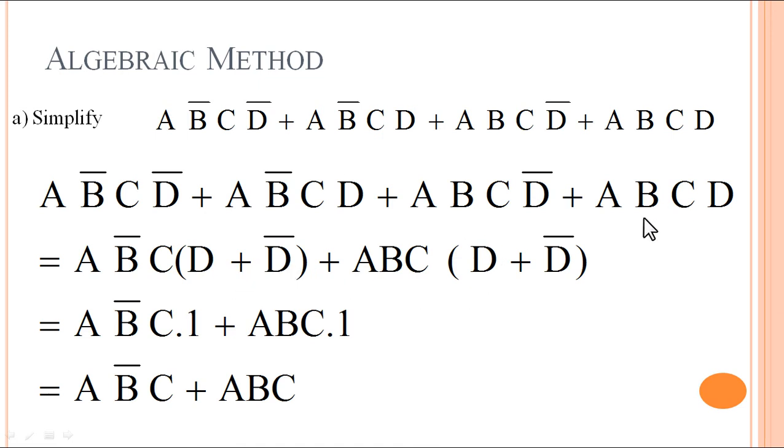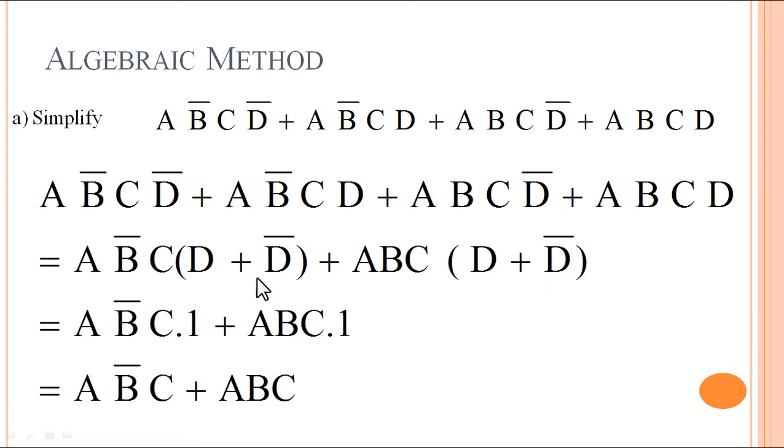Similarly, in the next two terms, we have A, B, C as common. So we have taken A, B, C as common. The remaining is D and D bar, so we have arranged it as D plus D bar. By the complementarity law, x plus x bar is equal to 1, and x into x bar is equal to 0.